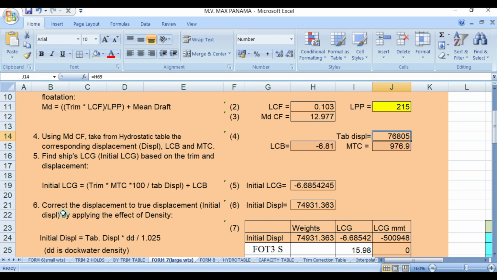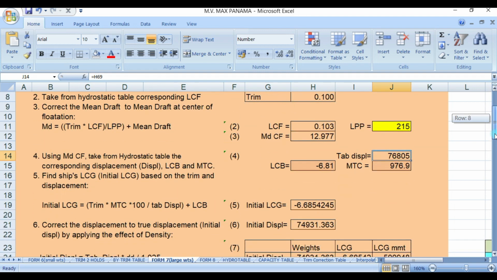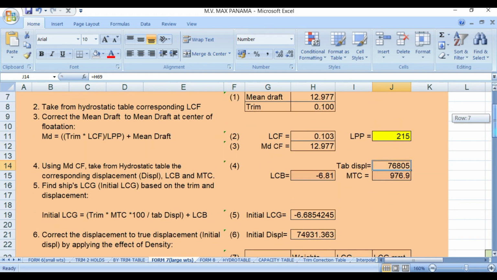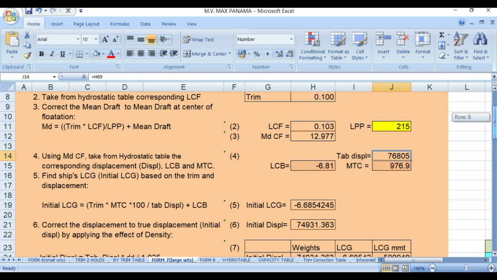It says here, number 6, correct the displacement to the true displacement, initial displacement, by applying the effect of density. Because you are floating at a density other than 1.00, you will get the value of the displacement by applying your local density.